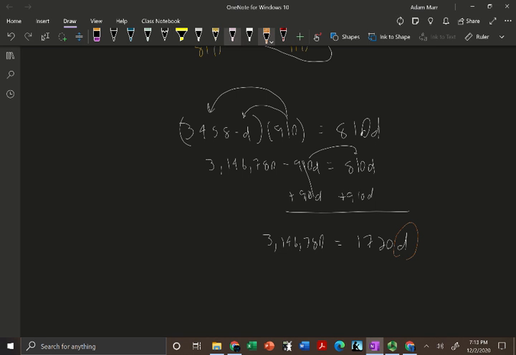We'll divide by 1,720 on both sides. And we are going to get 3,146,780 divided by 1,720 equals 1,829.523.